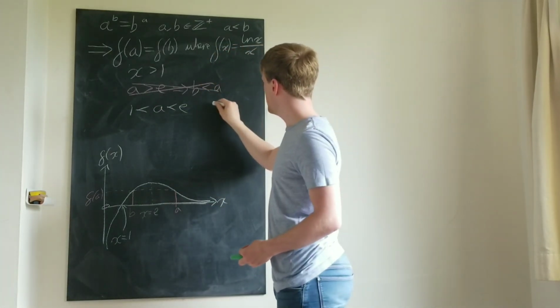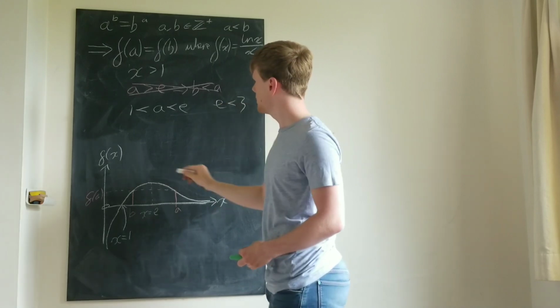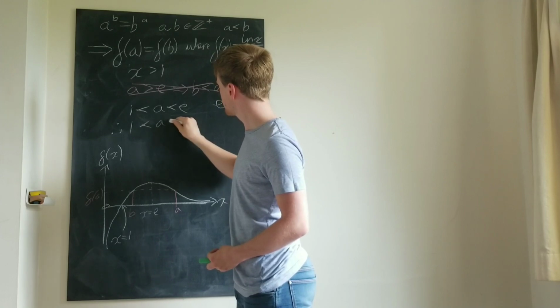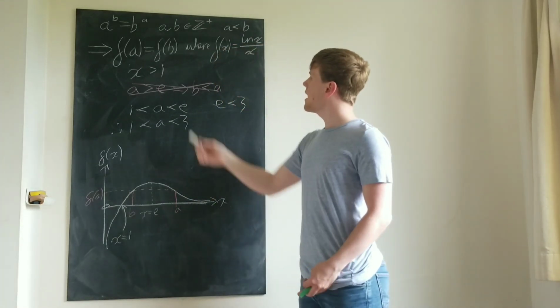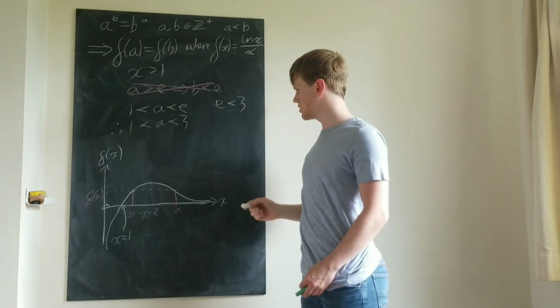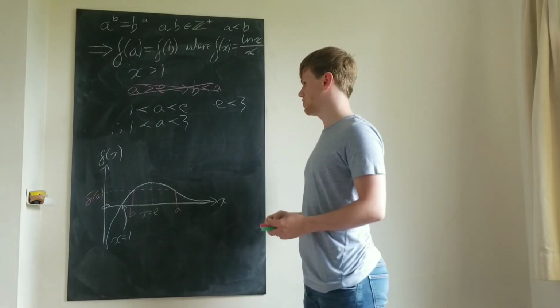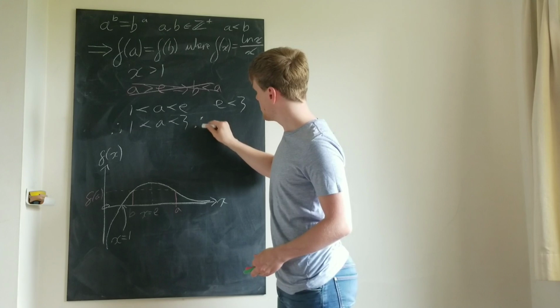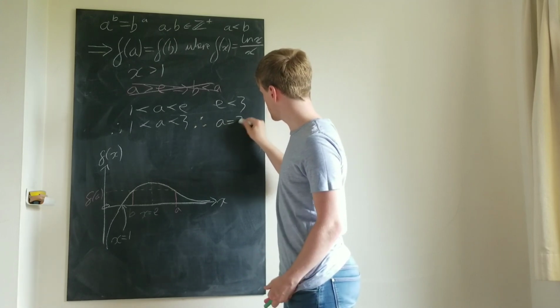And now we also know that e is less than 3. Therefore, 1 is less than a is less than 3. Now, a, as we specified, was a positive integer, and so there's only one positive integer between 1 and 3. Therefore, a equals 2.